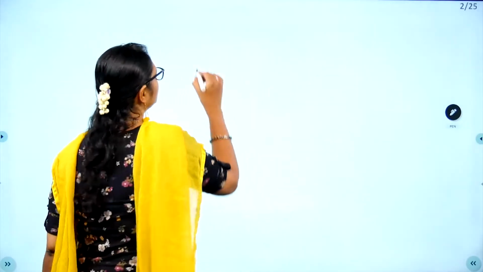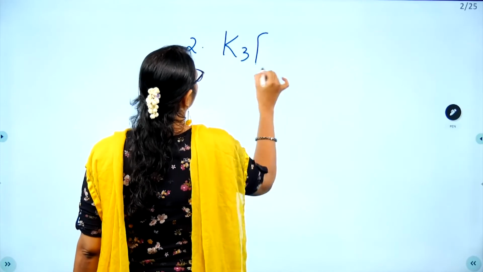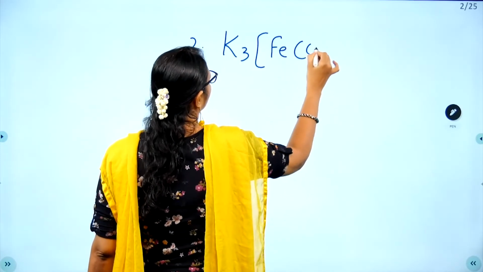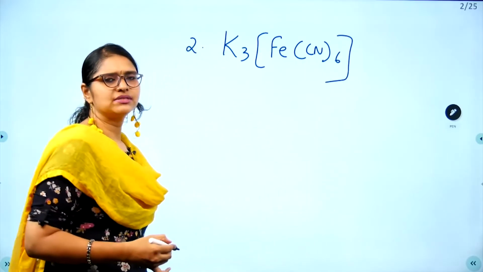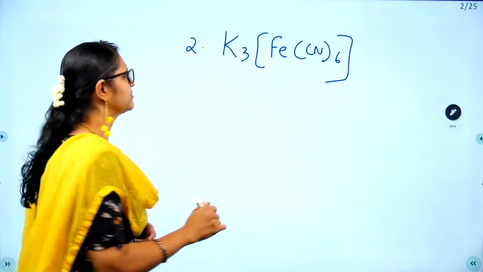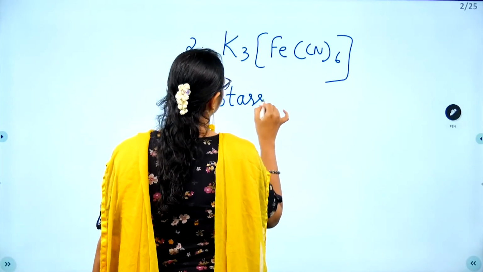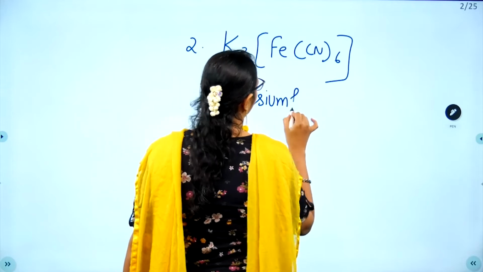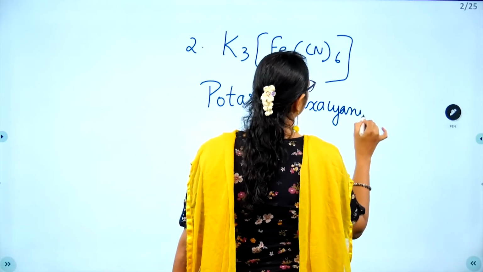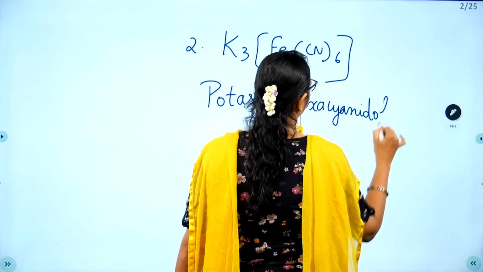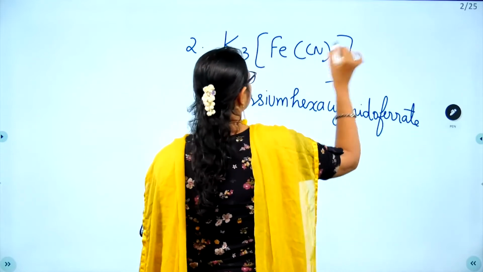Hope you understood. How to name this? Again you start with the positive ion, potassium, hexacyanido, and again ferrate because the charge on the complex is negative, 3 minus.